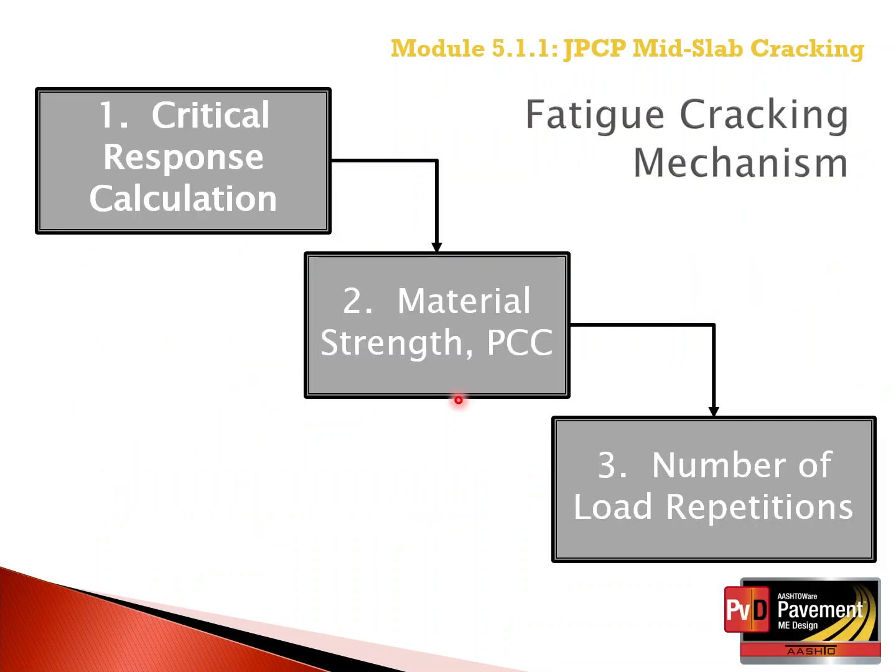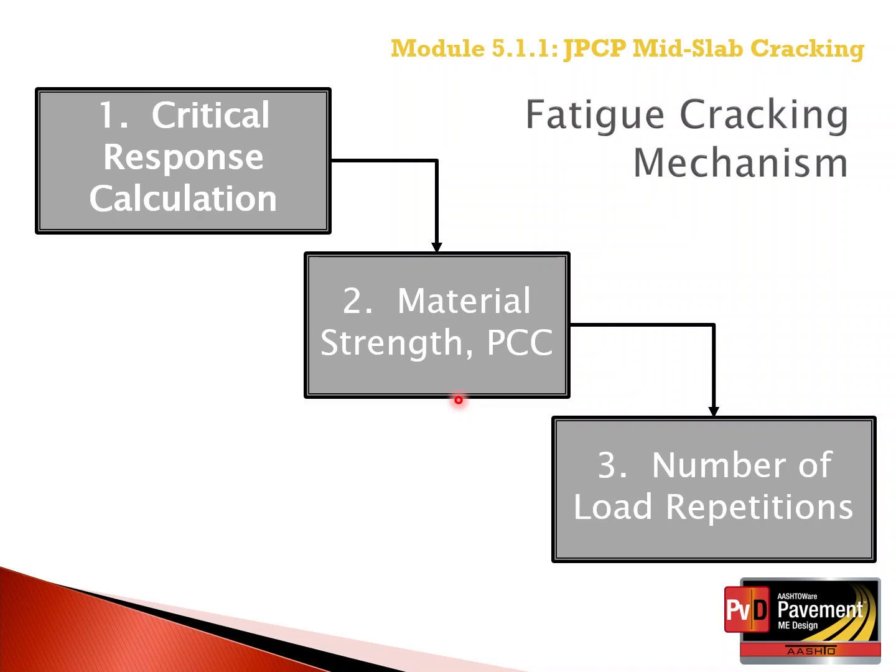The fatigue cracking mechanism is defined by 3 parameters or variables, similar to the paperclip experiment that was demonstrated in Module 2. The critical response calculation is the first. The second is the material strength of the Portland cement concrete. And the third is the allowable number of load repetitions or applications.